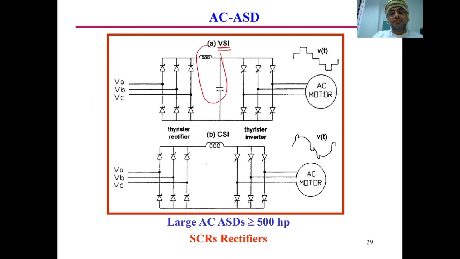Then we put a filter to smooth the DC. Then we invert the DC to provide the required AC voltage for the motor, and this is how the voltage will look like. We can use a voltage source, or we can use a current source inverter. In the current source, we use a very large inductance, and that large inductance will provide almost a constant current to the inverter.